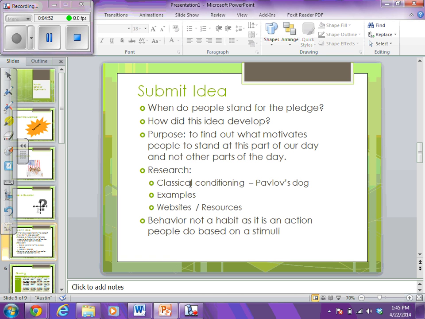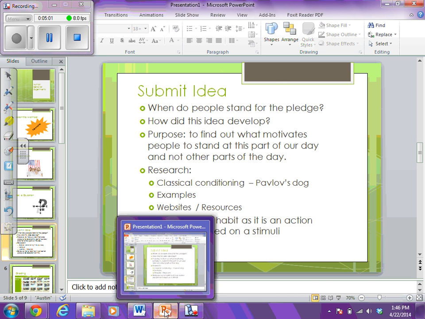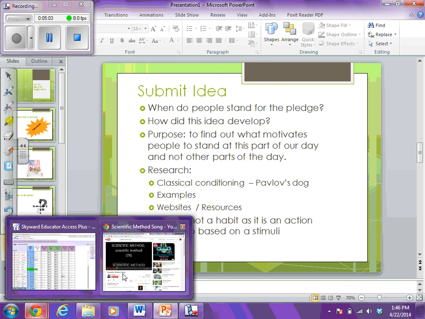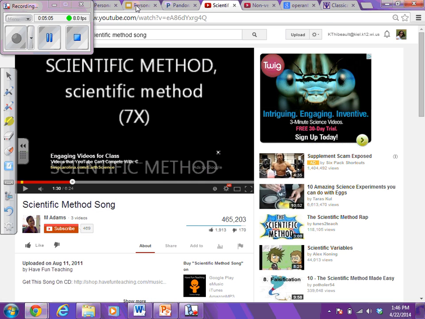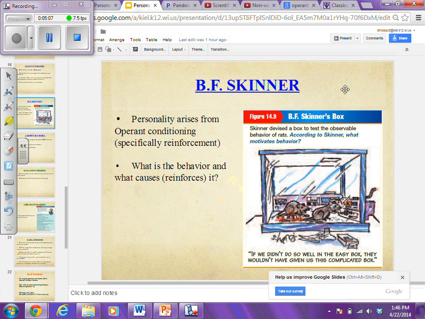And then I started looking at my research. Originally I said that I thought it was operant conditioning. My idea for operant conditioning came from the lecture I shared with you on B.F. Skinner, and I thought that's really where we were.